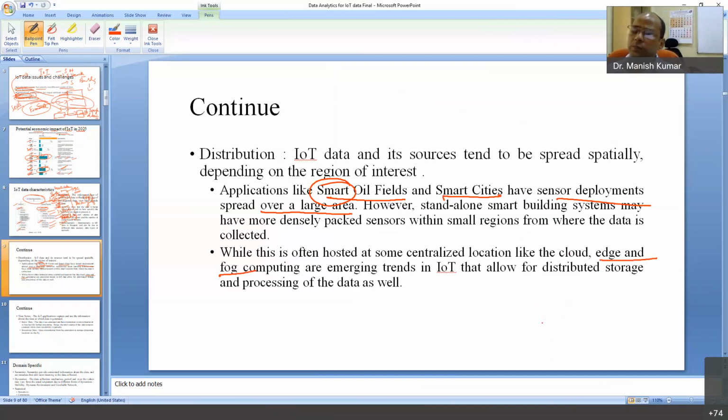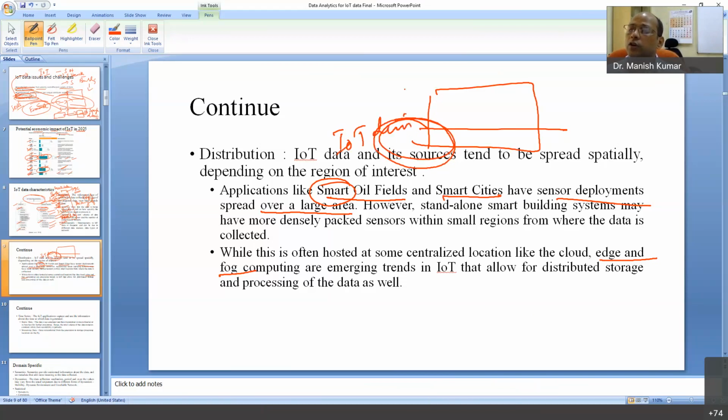Sometimes we may get confused that edge and fog computing are synonyms of IoT, but they are not. If you look at the layers, you'll find that this particular layer is the IoT devices, whereas the top layer, which is either data centers or cloud, is a centralized storage, where we wish to store all the data which is being generated.